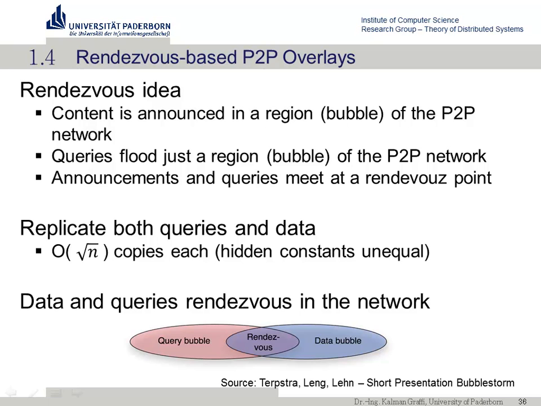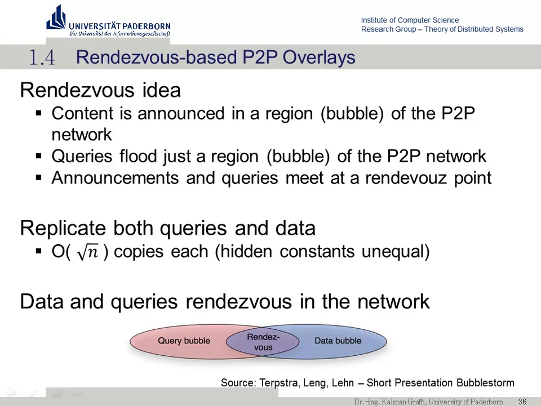You might also store your data there, and you have a query bubble that's also contacting a subset of the network. And if you are lucky, and the protocol makes you lucky, you have a rendezvous point where the announcement and the queries are matching. So in this case, your query is successfully resolved, and you are either getting the file or you're getting the information where you can get it.